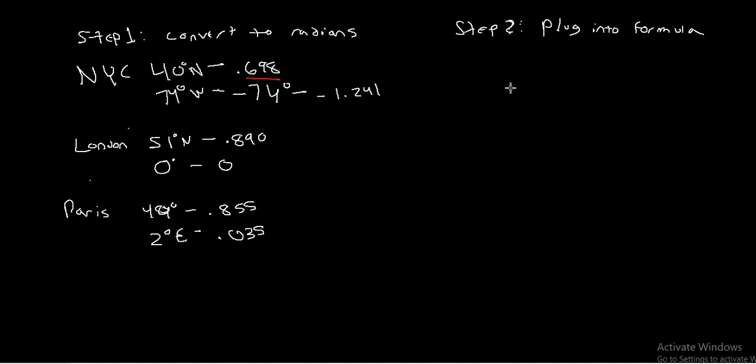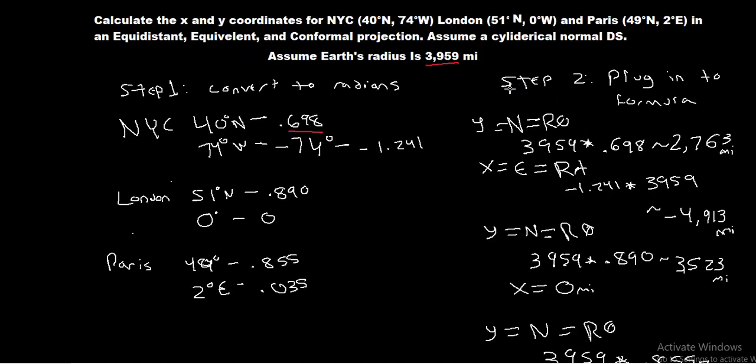And in this lecture video we're going to go through the second part of our examples, talking about the equivalent projection. If you remember in our first video of the examples, we went through the process of step 1, converting everything from degrees to radians.